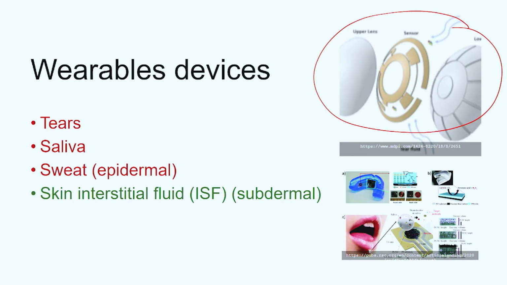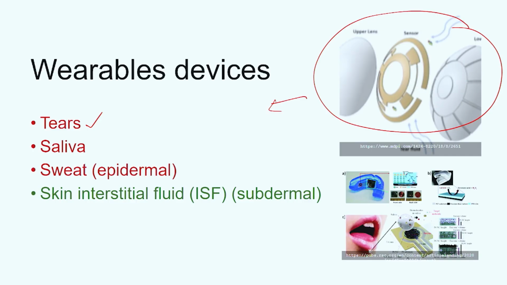I thought it would be a good example to look at other examples of wearable sensors. This is an example of tears, where you have tear as a sample matrix. You also have saliva, which could also be used as a good sample matrix. For that, you have these gum shields, gum guards. People who play rugby or contact sports normally wear gum shields. Even people who play hockey wear gum shields.